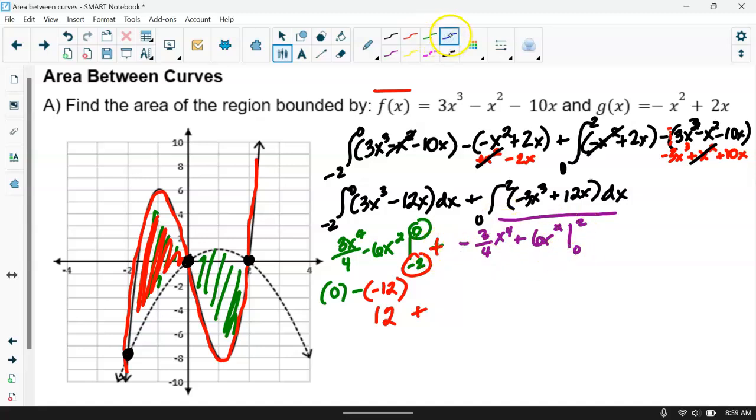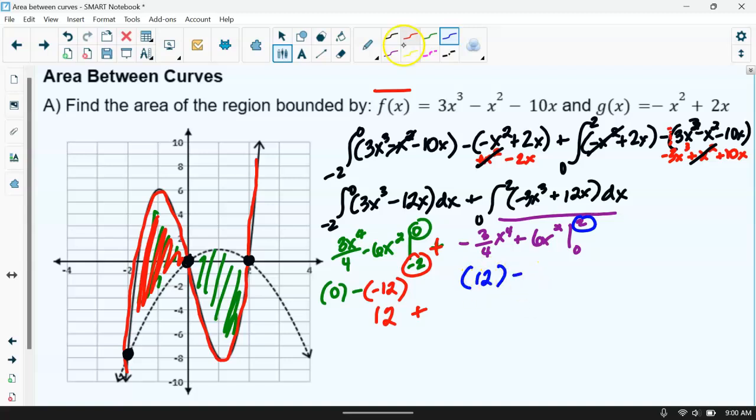So again, substitute 2 in for x. When you substitute 2 in for x, you get 12.